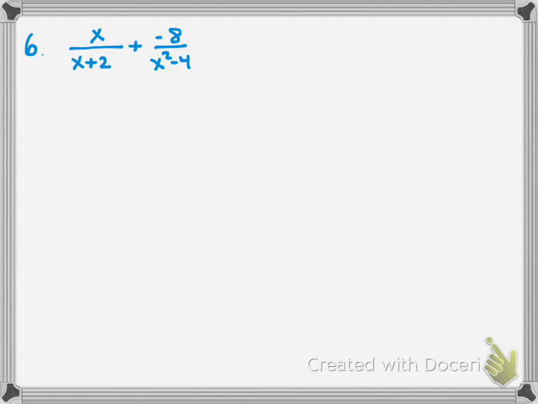Okay, so for number 6, we want to identify the LCD, but remember, before we identify that LCD, we need to factor. And again, we only have one factorable problem down here. We have the difference of two squares, so we need to remember that method, and that's what we have now instead of, I'm just going to cross it out so we know to look at the factored form.